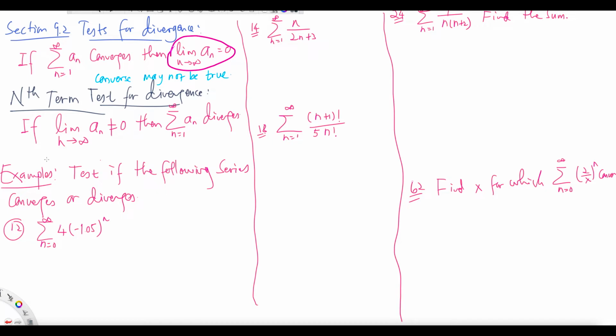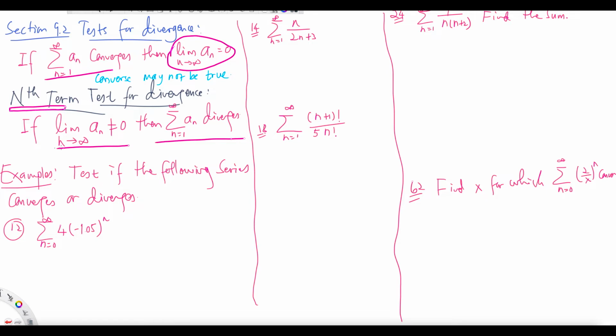But what it does imply is a very important theorem that tells you if the series diverges or not, okay? If the nth term of the series does not go to 0, then the series always diverges. You see that? If the limit of the nth term is 0, it does not imply that the series converges. But if the series converges, the limit of the nth term is 0.